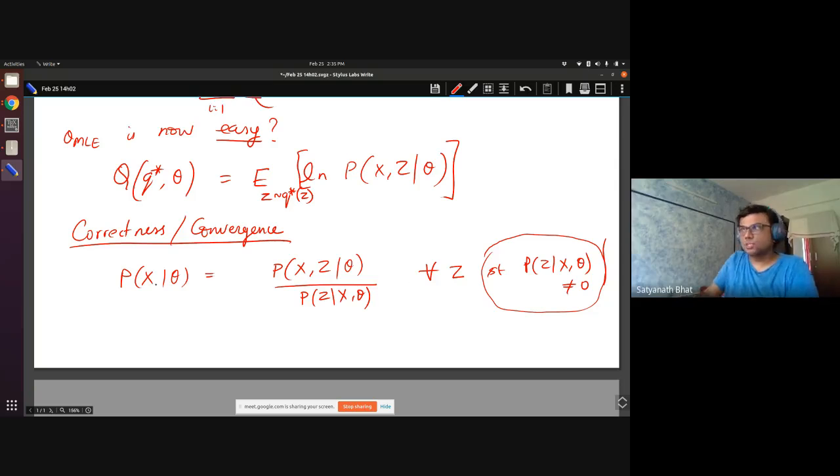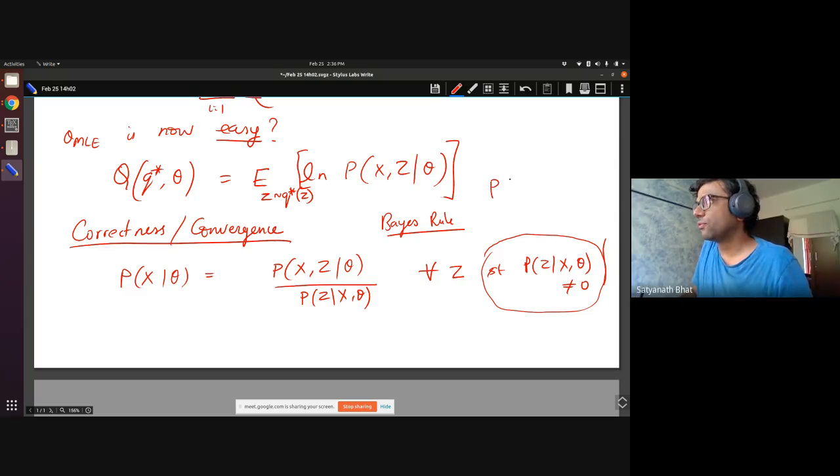This is what is called the Bayes rule. Let me remind you what the Bayes rule is again. P of A given B is P of A, B divided by P of B, right? It is also true even with conditioning.